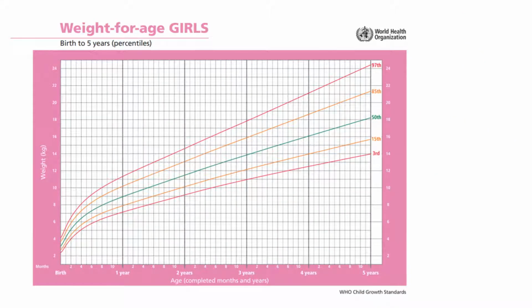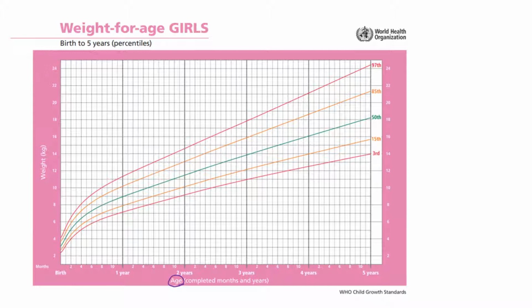Let's take another example of a graph where you see several line graphs on one plot. This is a graph about the average weight for girls between birth and 5 years. Notice that the horizontal axis, or the independent variable, is age, and the dependent variable is weight.